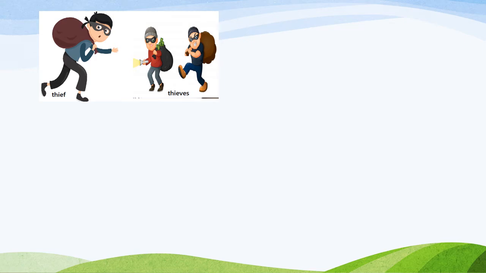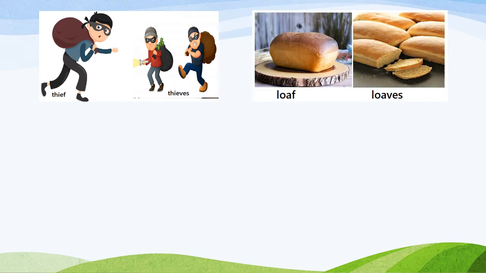Look at the first picture. Thief is singular and if you see it ends with F, so you drop F and you add VES to make it plural, that is thieves. Loaf, a loaf of bread, loaf ends with F and to make it plural you drop F and you add VES, it becomes loaves.